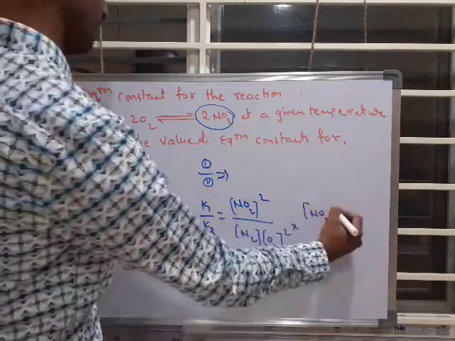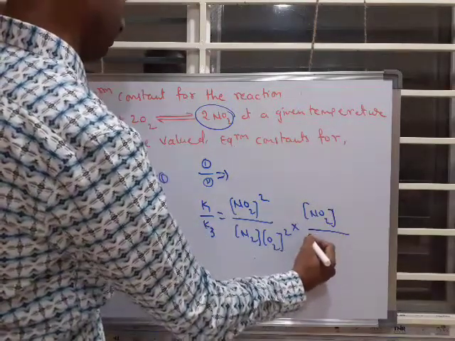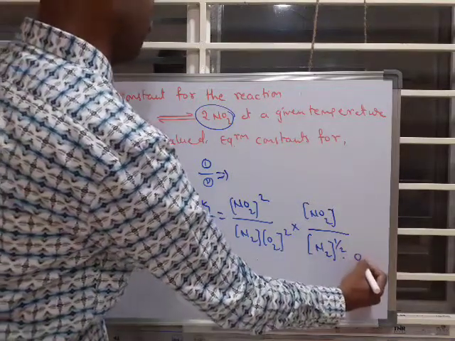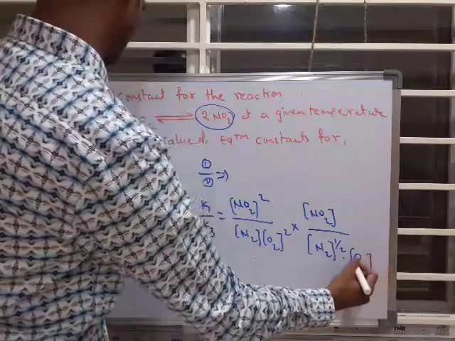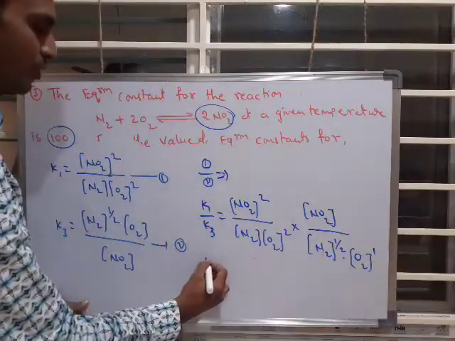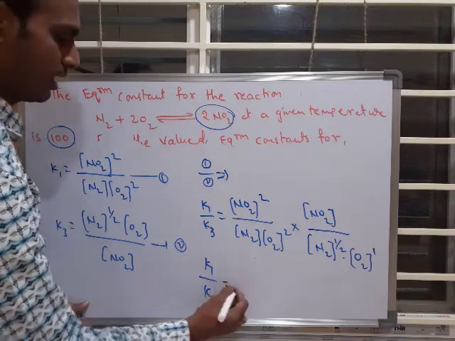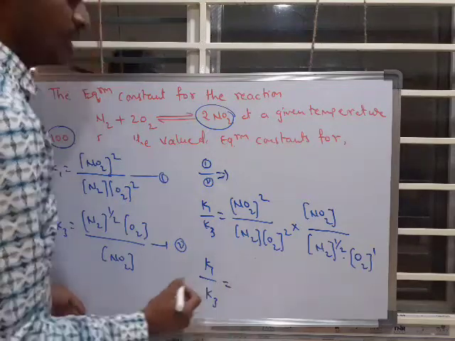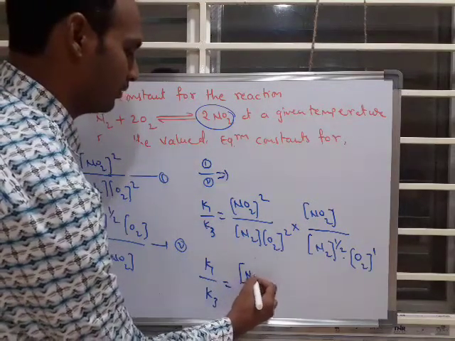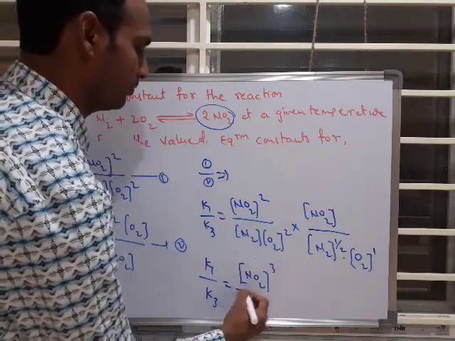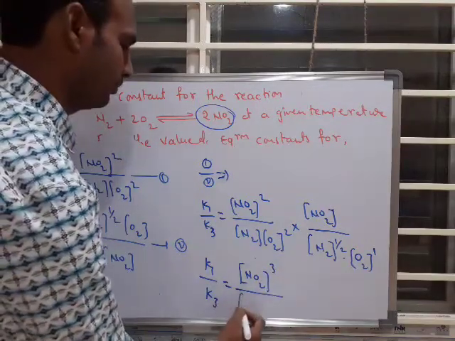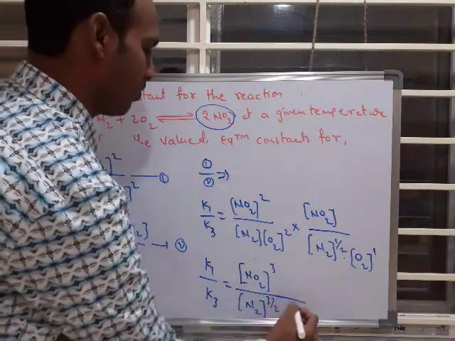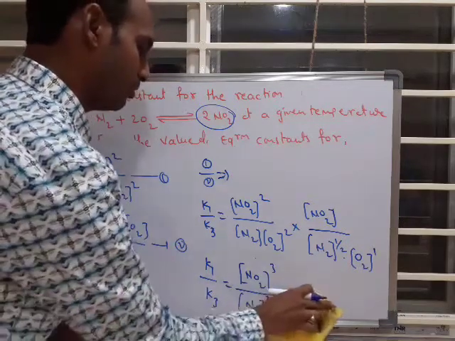So by K3 automatically will be reciprocal. So what you get, finally K1 by K3 is equal to NO2 square and ఇక్కడ NO2 cube అవుతుంది. Getting big value. N2 power 3 by 2, O2 power 3.